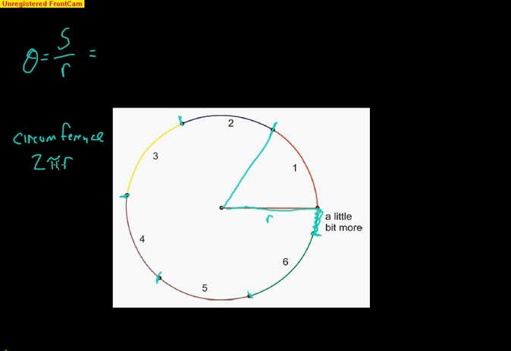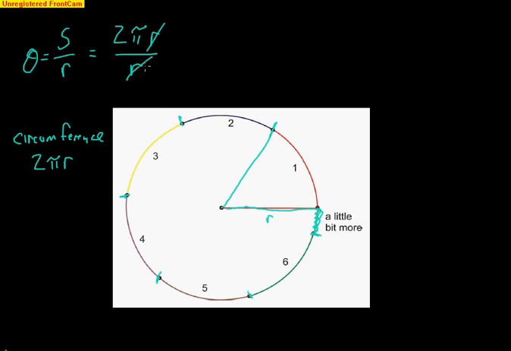Smaller radius, smaller circumference. So if we think of how many total radians there are in a full circle, I would take the full arc length of an entire circle, that's S, which is 2 pi r, divided by r. Now, notice the r's cancel, so it doesn't matter what r is measured in.